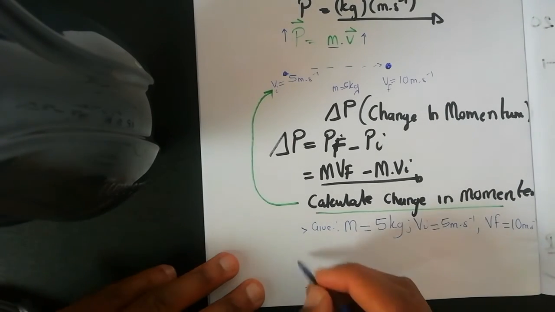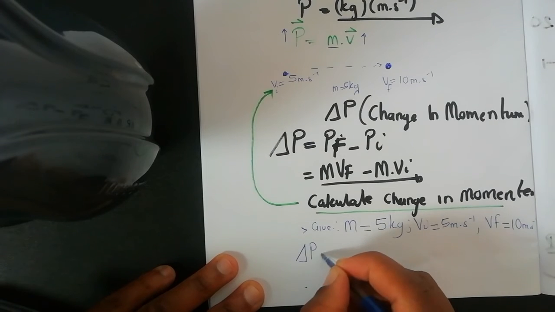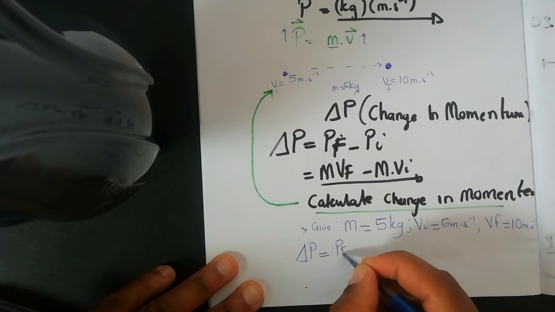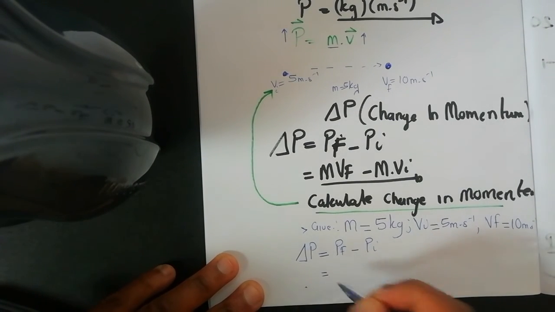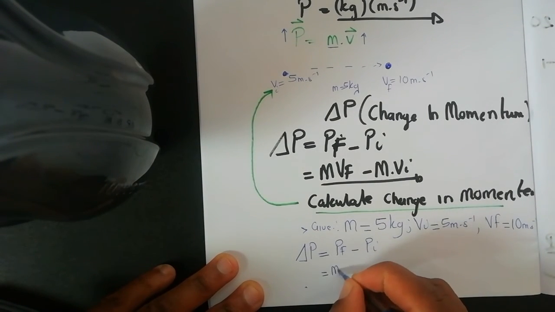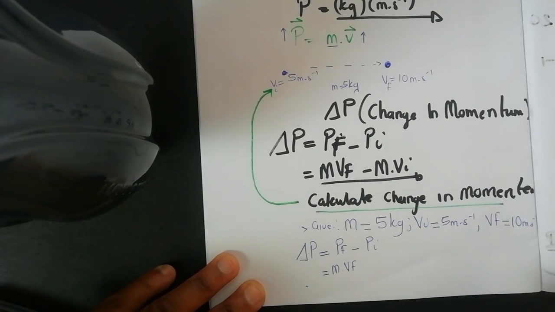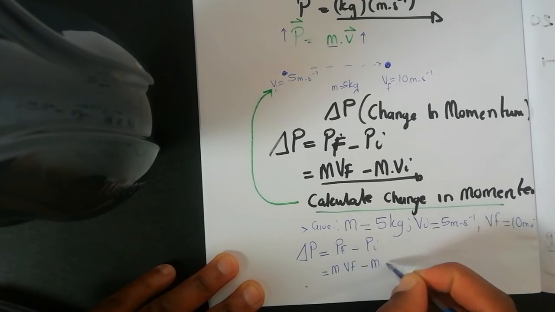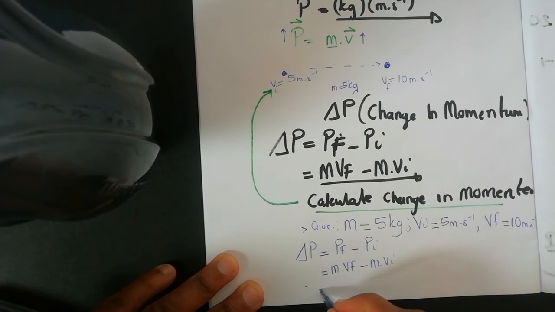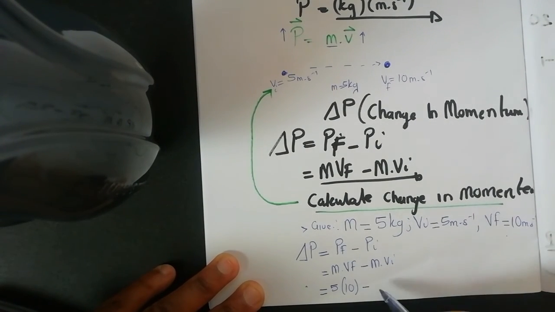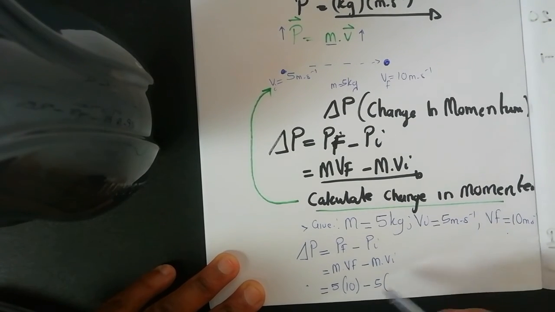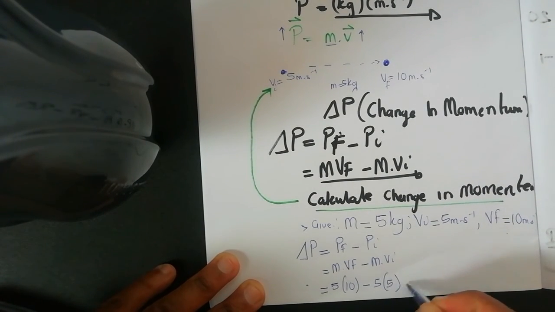Now when you calculate the change in momentum, you have p final minus p initial. So you have the mass times final velocity minus the mass times initial velocity. The mass is 5 times the final velocity, which is 10, minus the mass 5 times the initial velocity, which is 5.